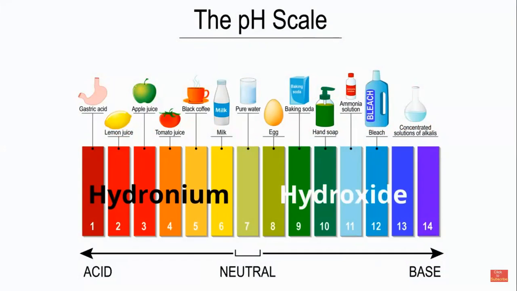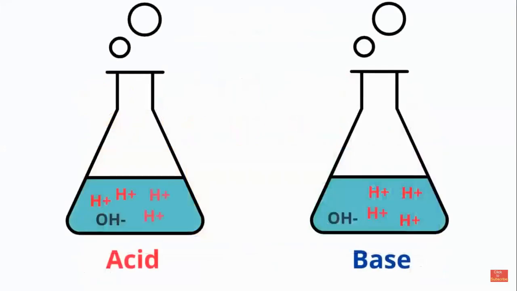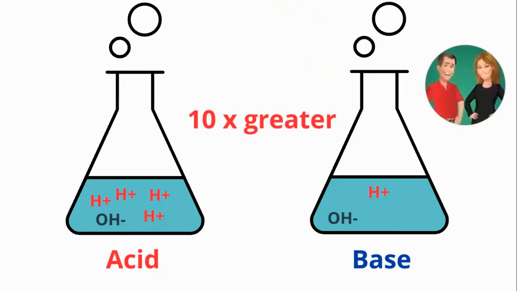In very simple terms, acids gain hydrogen and bases lose hydrogen. Each number represents a tenfold change in the acidity or basicness of the water. Water with a pH of 5 is 10 times more acidic than water having a pH of 6.